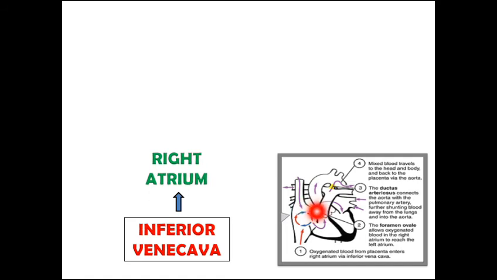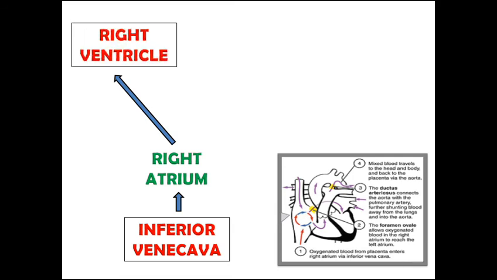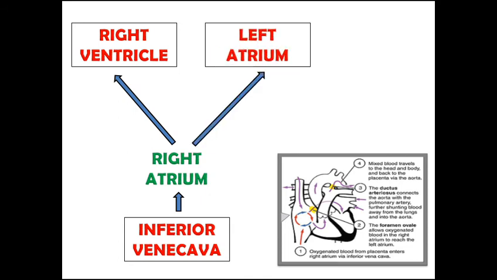You can see here in this diagram, from the inferior and the superior vena cava, the blood is coming into the right atrium. Then from the right atrium, it has two paths, either to go into the right ventricle or to go into the left atrium, and this will be because of the presence of the foramen ovale.